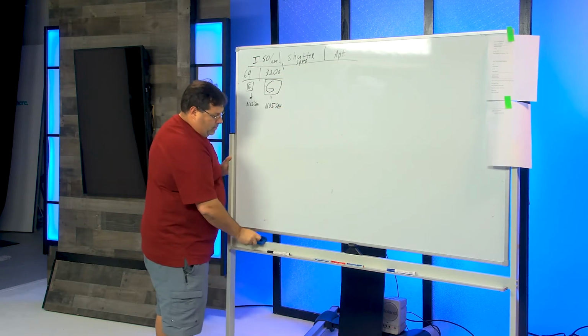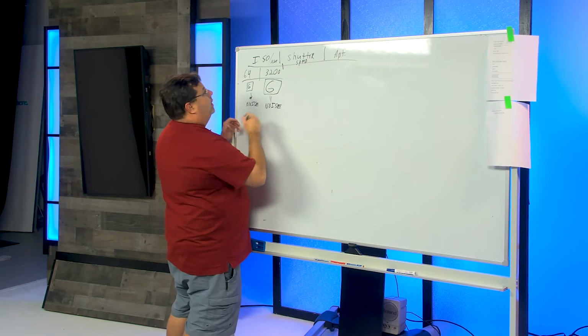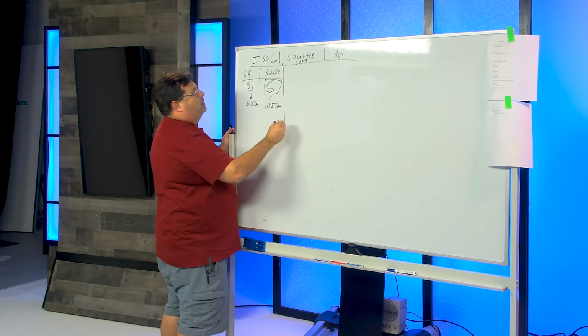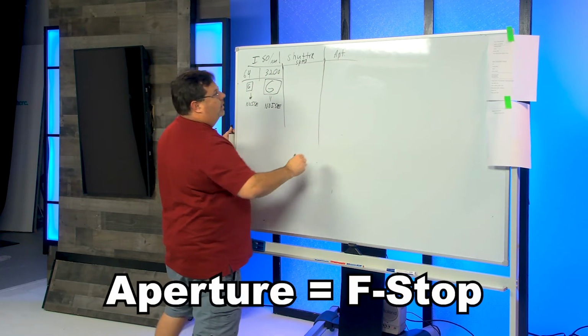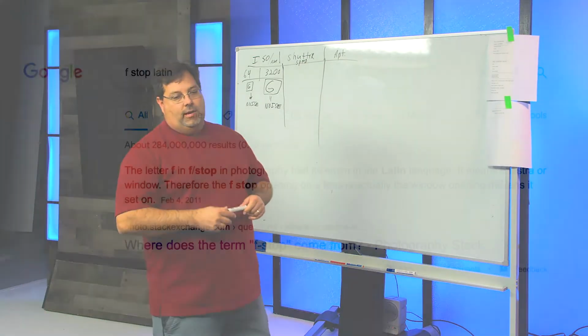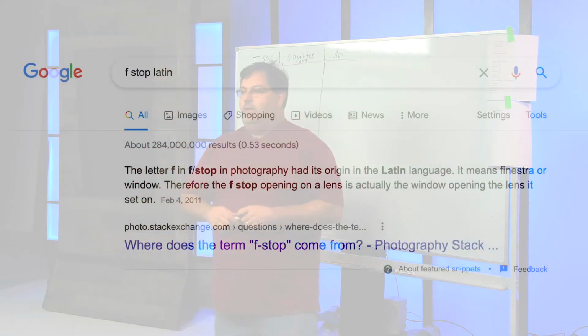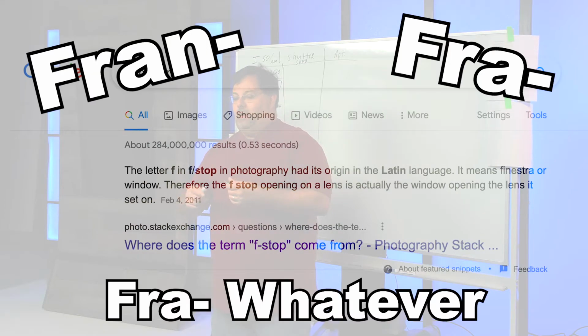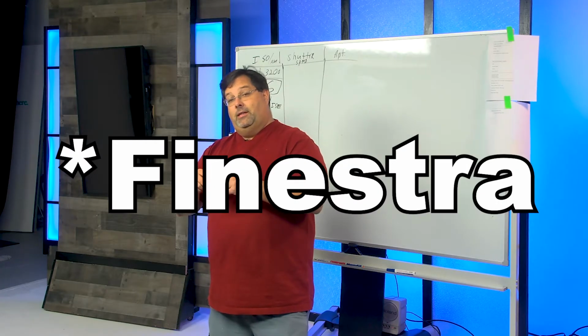So now we have shutter speed. Yay, shutter speed. Now we have aperture. Now, the word f-stop actually comes from a Latin word. I looked it up, it's pretty cool. I didn't retain that, but that's okay.